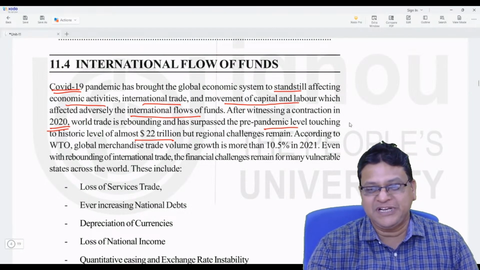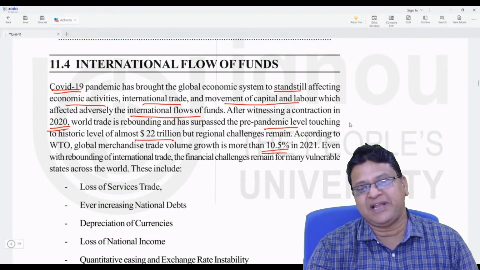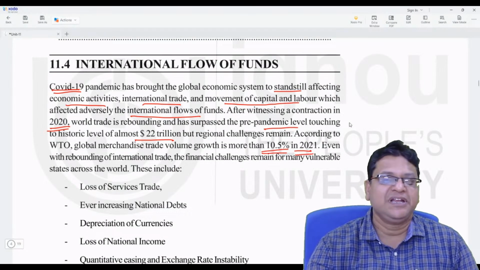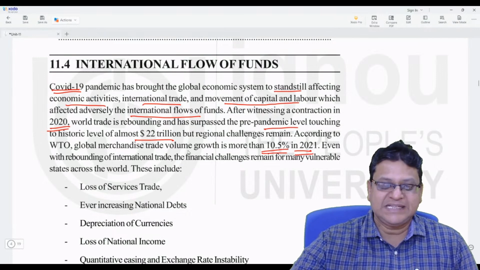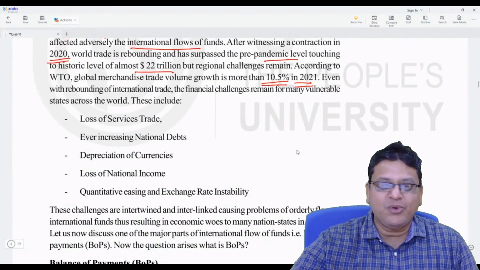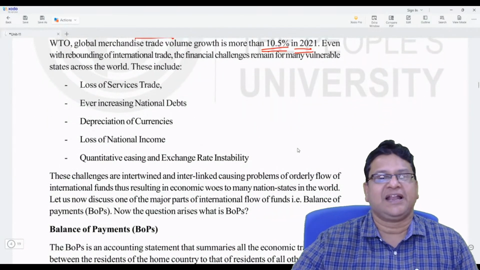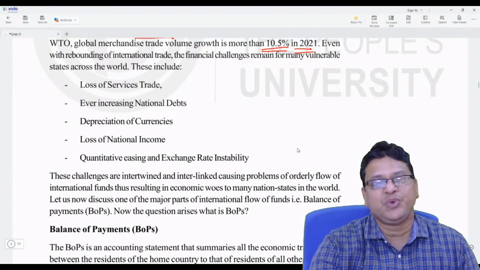And the volume of international trade increased by 10.5% in 2021. Though there is a rebound in international trade, there are many challenges which we have to face.